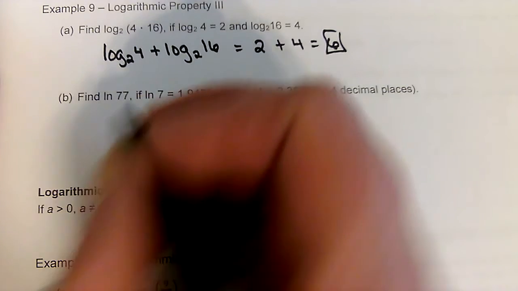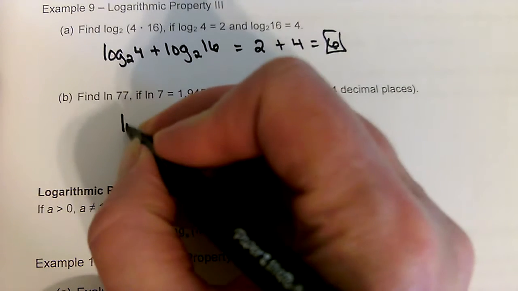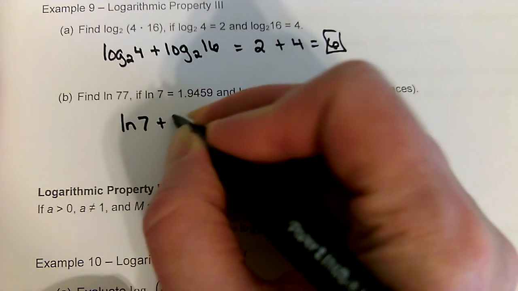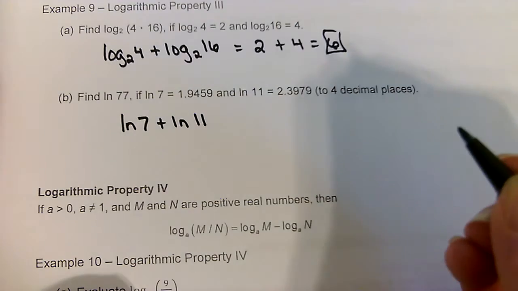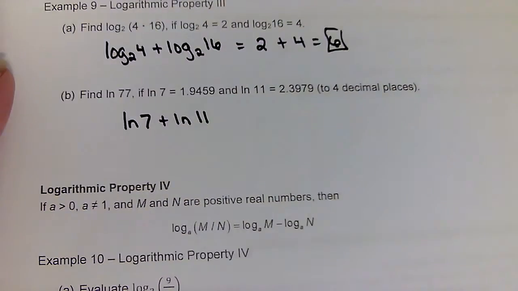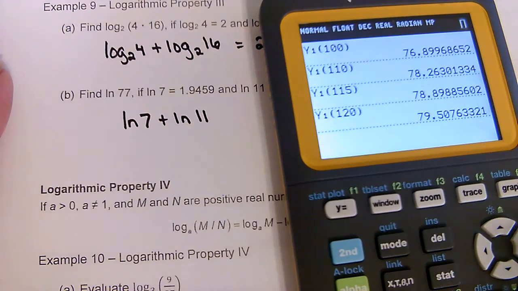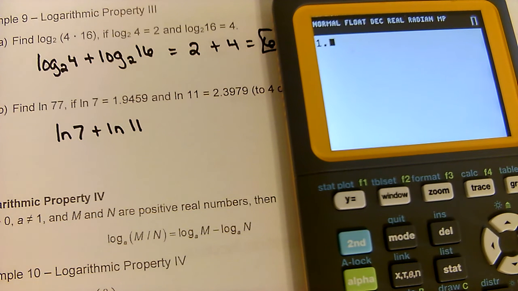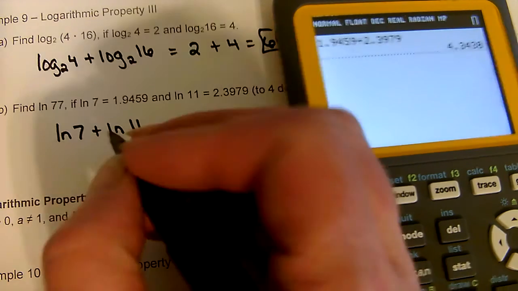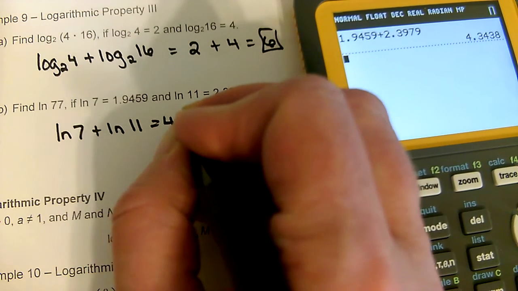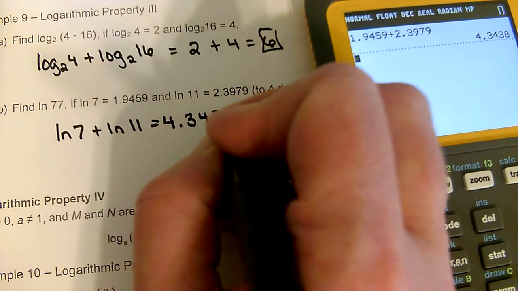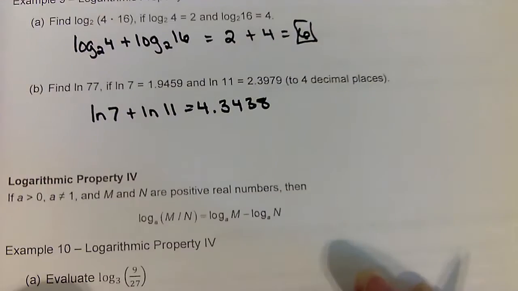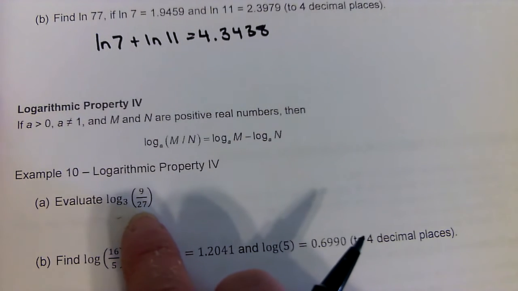Well, 77 is 7 times 11, so it can break down into the natural log of 7 plus the natural log of 11, which would mean I would add those 2 values together. So 1.9459 plus 2.3979 and get 4.3438.